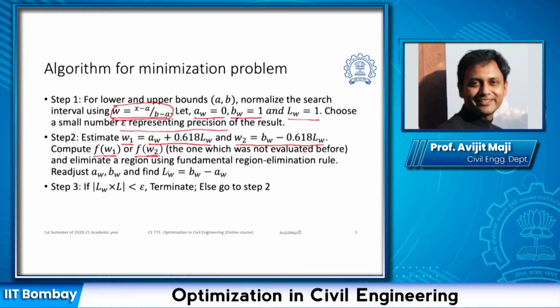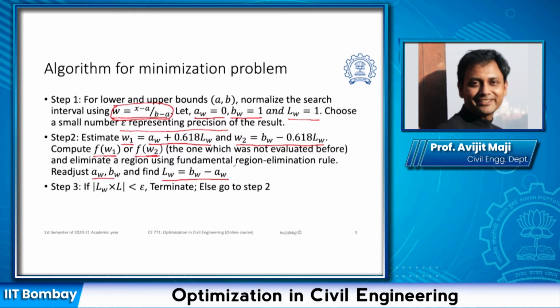And once we find the objective function value at these 2 points, we use the region elimination rule to eliminate one of the regions and readjust the lower and the upper boundary. Once we readjust, the width or the length of the new interval is going to be this.